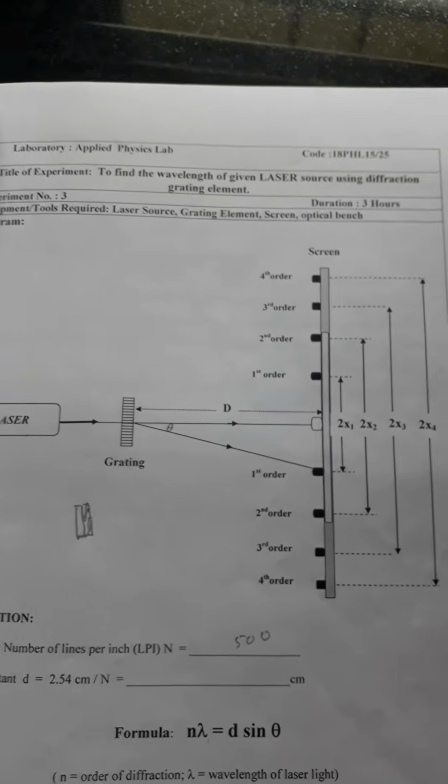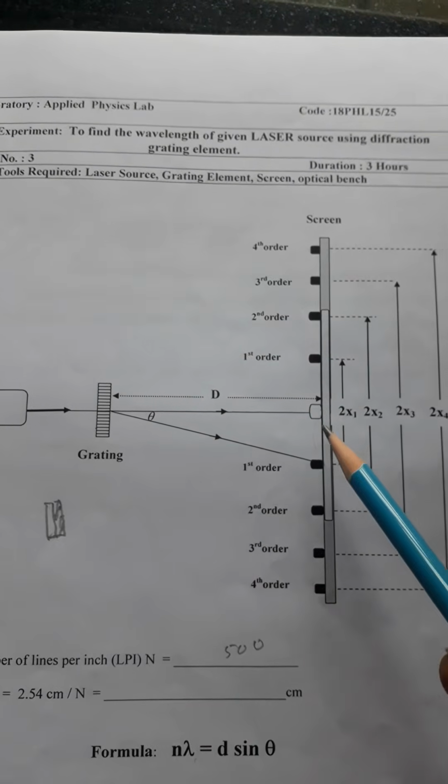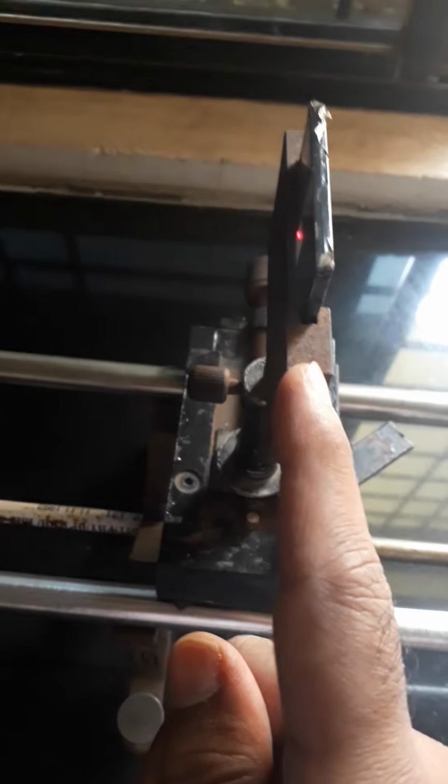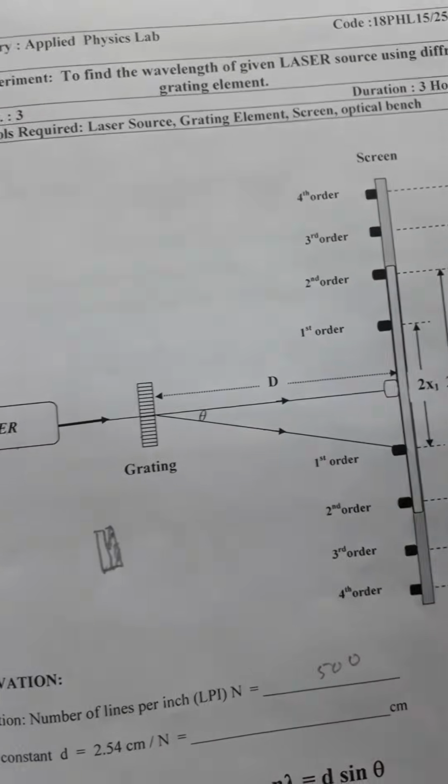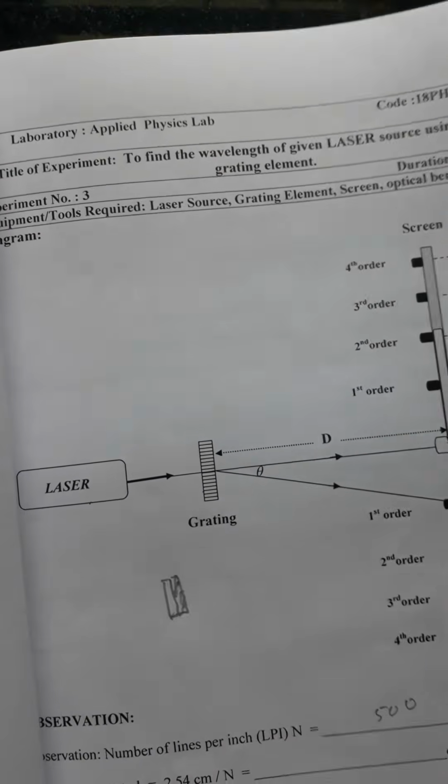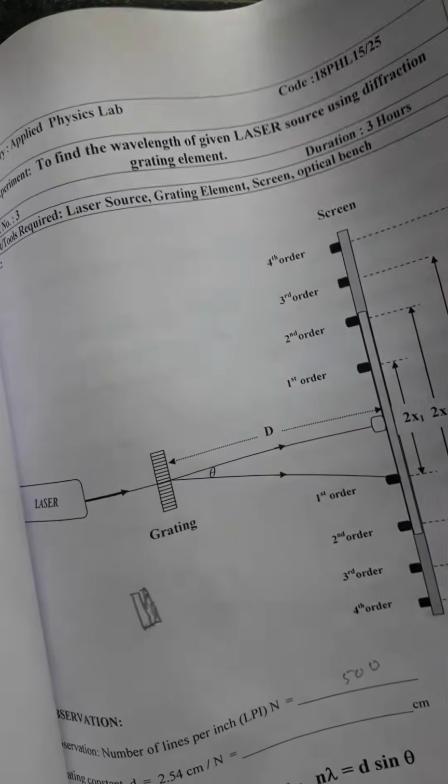Apart from that, you need to measure the distance between the grating and the screen. There will be a thread which you can use. You measure the distance from the center of the slit to the screen using this thread. This will give you the value of D. Once you have these measurements, you are ready to fill the observation table.